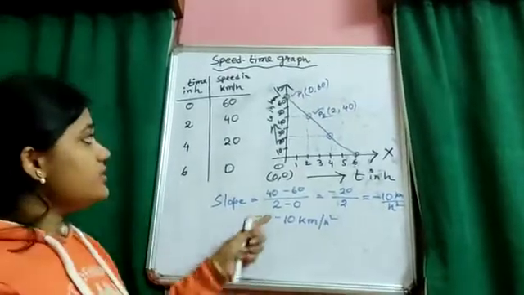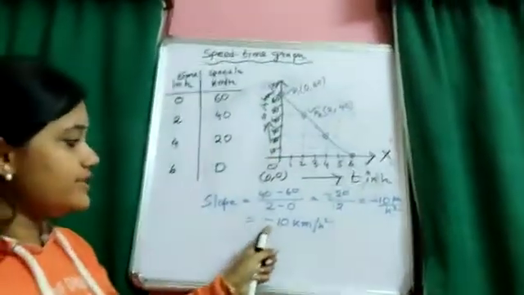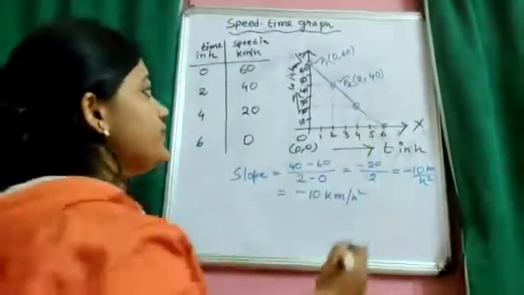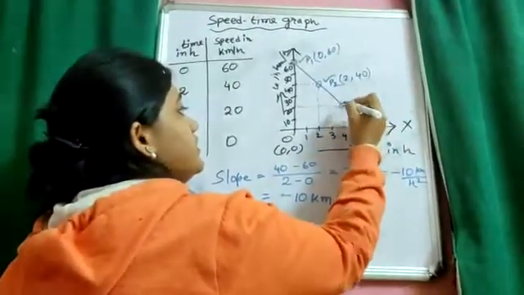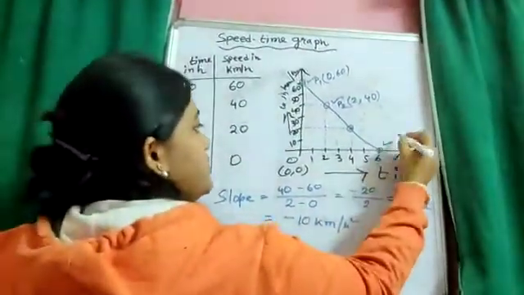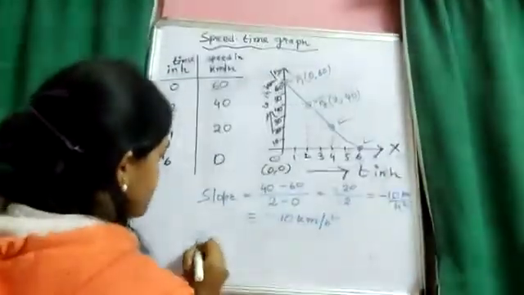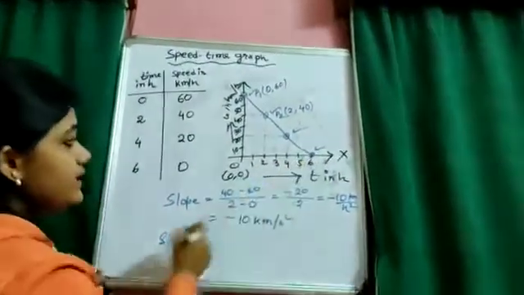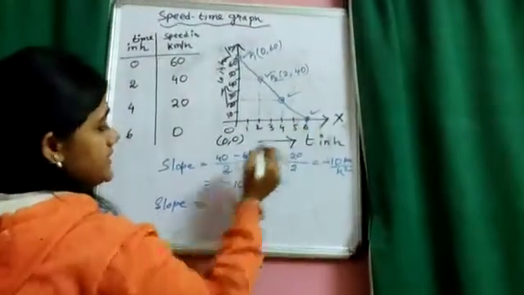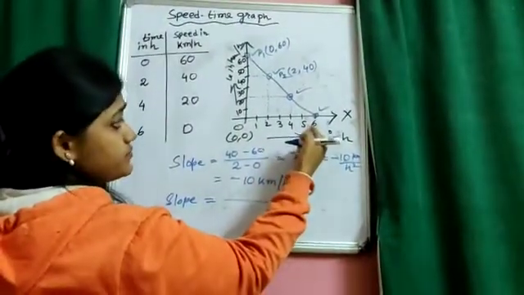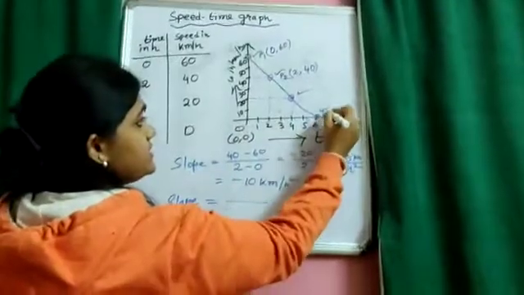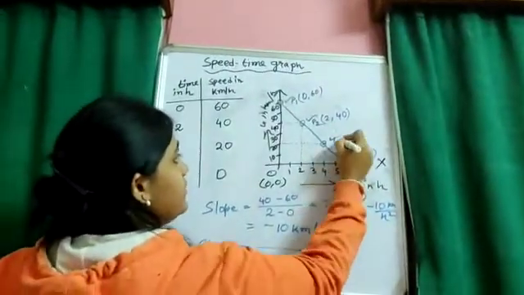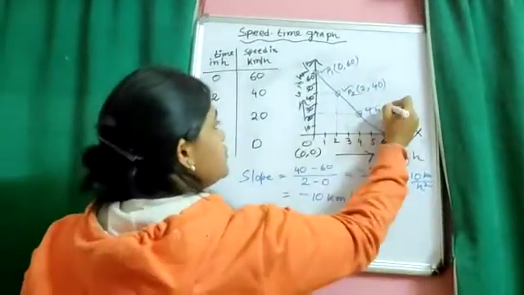Now, slope for this point we have got as minus 10 km per hour square. Let us check it for these two cases, this point and this point. Again slope for the last part, here its coordinates are (6, 0) and (4, 20).